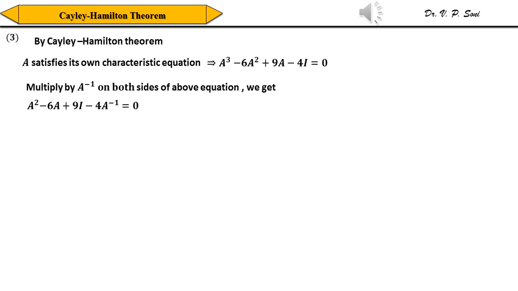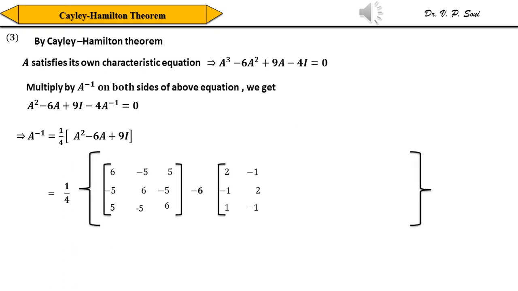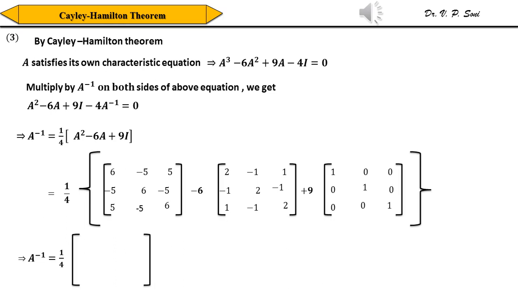Make A inverse the subject, then we get A inverse equal to 1 by 4 into bracket A square minus 6A plus 9I bracket complete. Now put the matrix A square, A and I, and adding them, then we get A inverse equal to 1 by 4 into matrix whose first row 3, 1, minus 1, second row 1, 3, 1, third row minus 1, 1, 3.